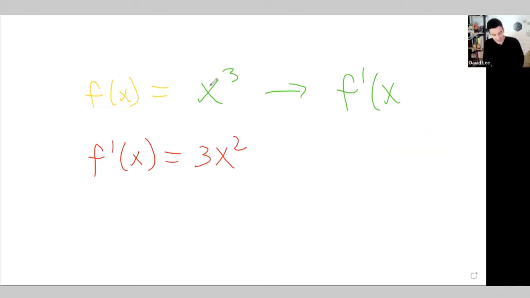But there's more to it, because look, what if I did this? What if in pink, what if I said plus 11? Would this be acceptable? Would this be a good antiderivative for this? Yes, because if I take the derivative of this, the derivative of x cubed is 3x squared, and the derivative of 11 is 0.